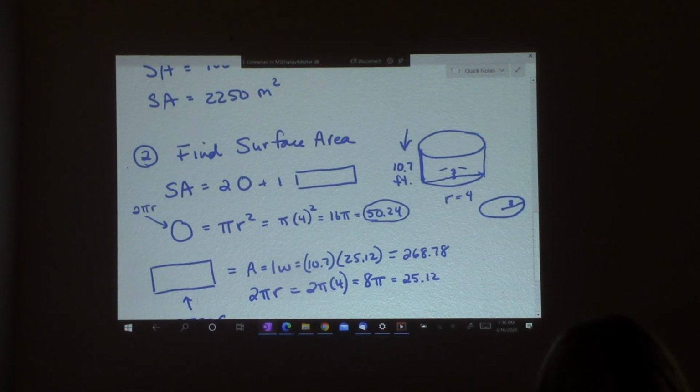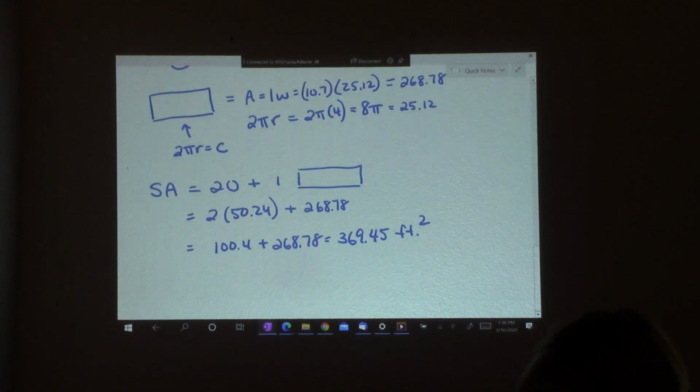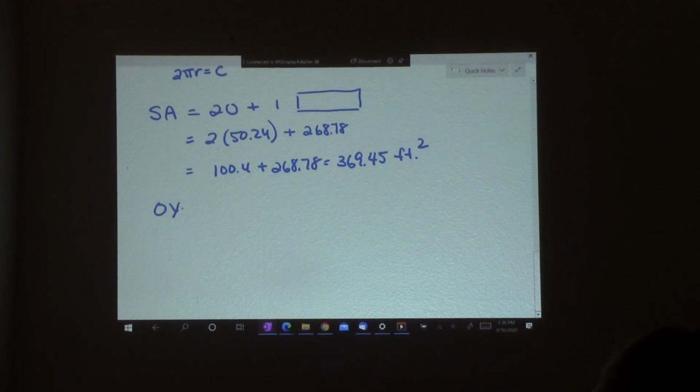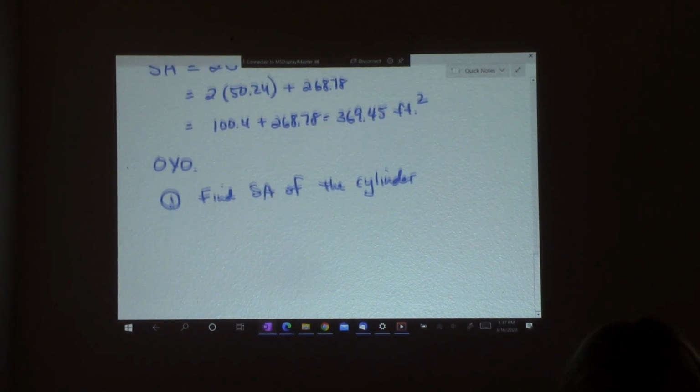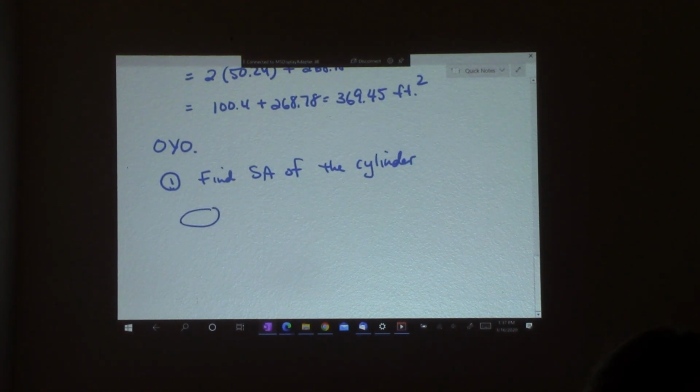Okay, I am going to let you do one on your own, and you can pause the video and we'll come back with the answer. So the one I want you to do is the surface area of the cylinder, and here's my picture.